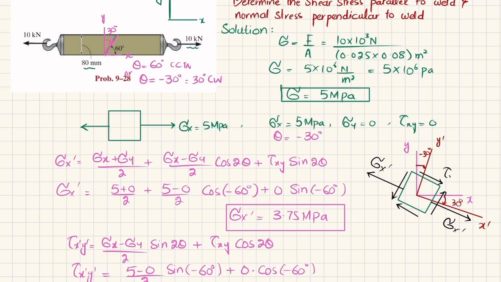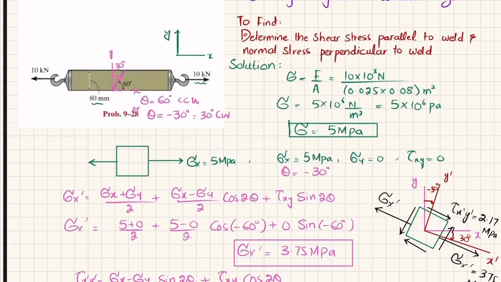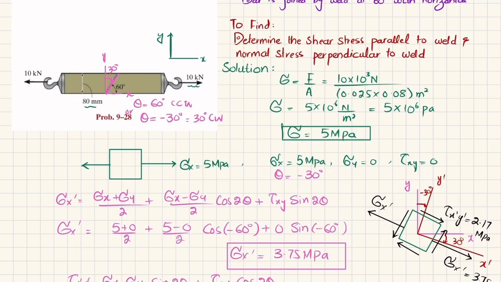So tau of x dash y dash is 2.17 megapascal, and sigma x dash is 3.7 megapascal. Also, if you want to draw it on this element, you can see this shear stress is parallel to this surface, into the weld, and this stress which is normal to this surface is sigma x dash.